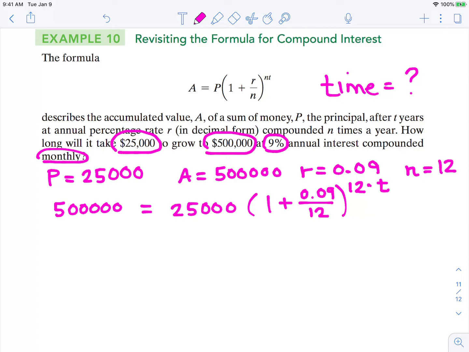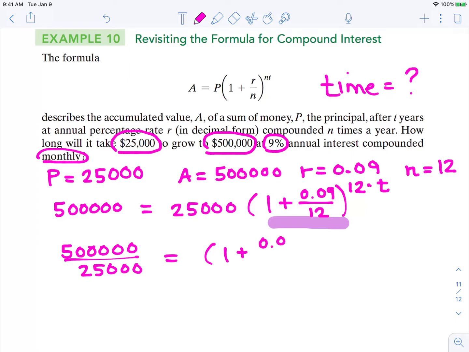So we want to try and isolate this exponential. So the first thing we're going to do is divide both sides by 25,000. So we have 1 plus 0.09 twelfths raised to the 12t.